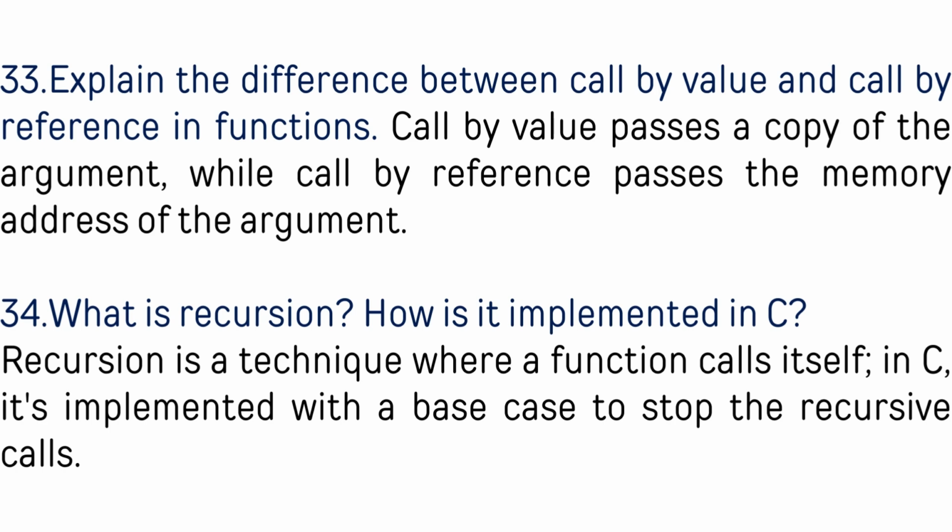Explain the difference between call by value and call by reference in functions. Call by value passes a copy of the argument, while call by reference passes the memory address of the argument.